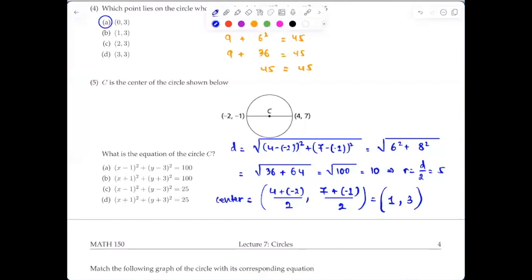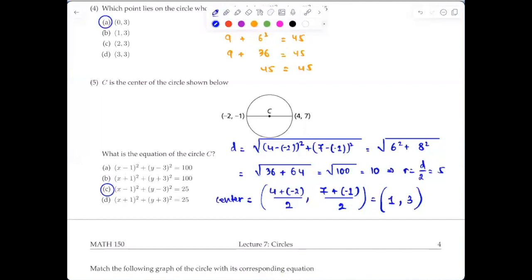Therefore, the center is 1, 3. And with radius 5, so C is the answer. We good? Okay. Any questions on number 5?